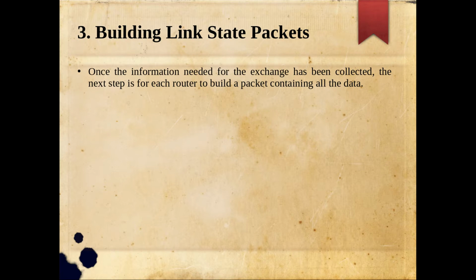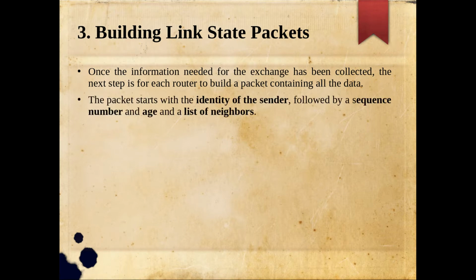Link state packets will contain all this information together in a single packet constructed at each and every router. Once the information needed for exchange has been collected, say from the neighbors using echo and hello packets, the next step is for each router to build a packet containing all this data. The packet starts with an identifier of the sender, maybe the IP address of the sender, followed by the sequence number, and so on.